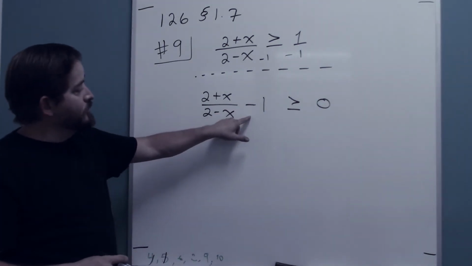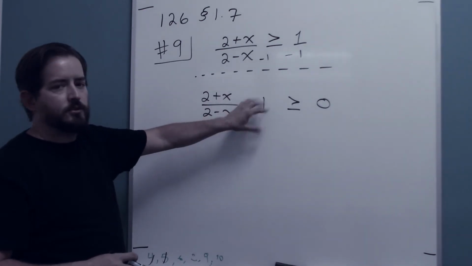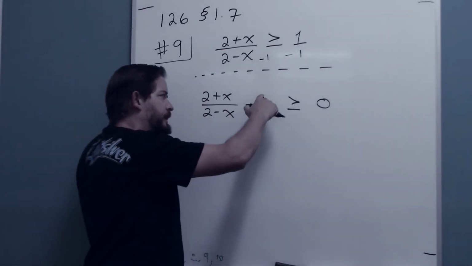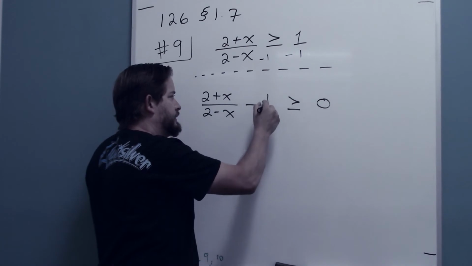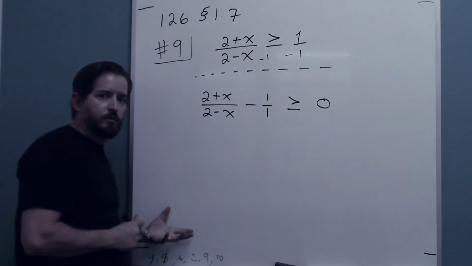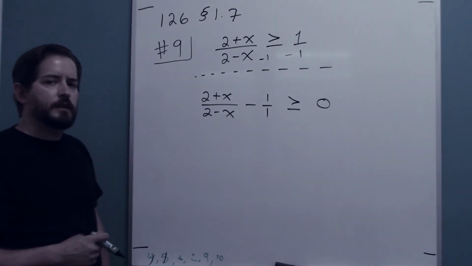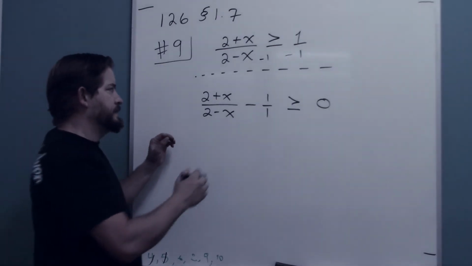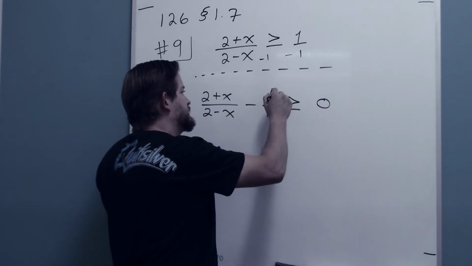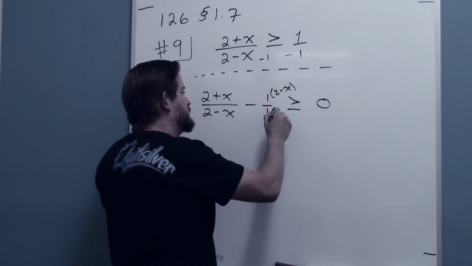What then I need to do is get rid of this fraction minus a whole number. But remember, I can treat 1 like a fraction. It's 1 over 1, right? And I can combine these two as long as I have a common denominator. Which means I can multiply 2 minus x to the top and to the bottom.